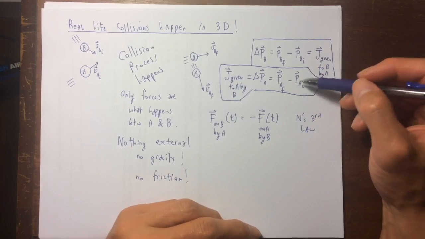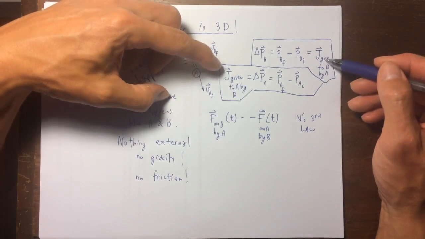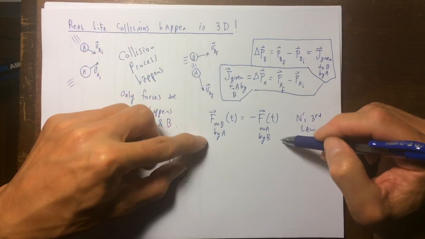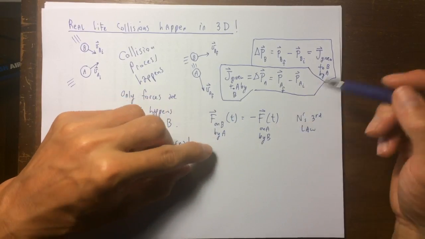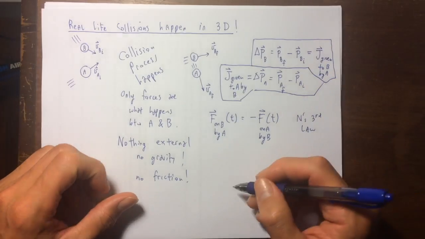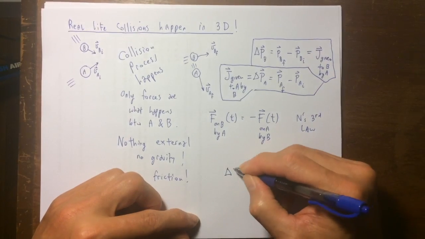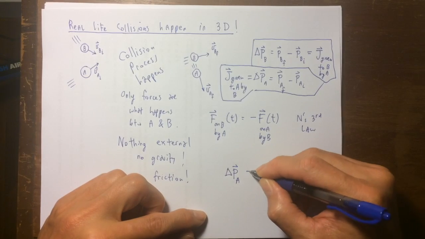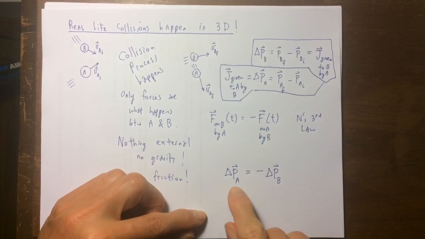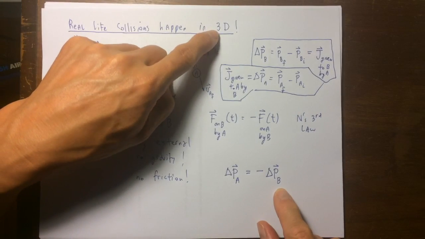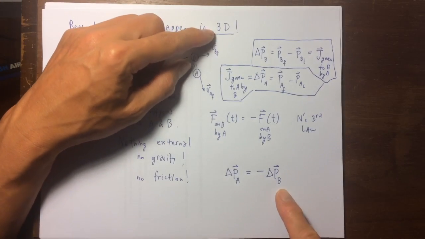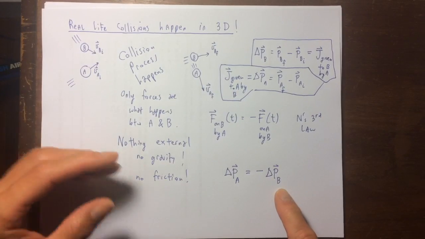So I've got these two statements here, and these two separate statements for a change in momentum are actually connected by Newton's third law, which causes them to be related statements. The related statements are that delta P sub A equals the opposite of delta P sub B, in vectors in 3D, or if you lived in a weird alternate reality, 4D or 5D or 2D, 1D as well.